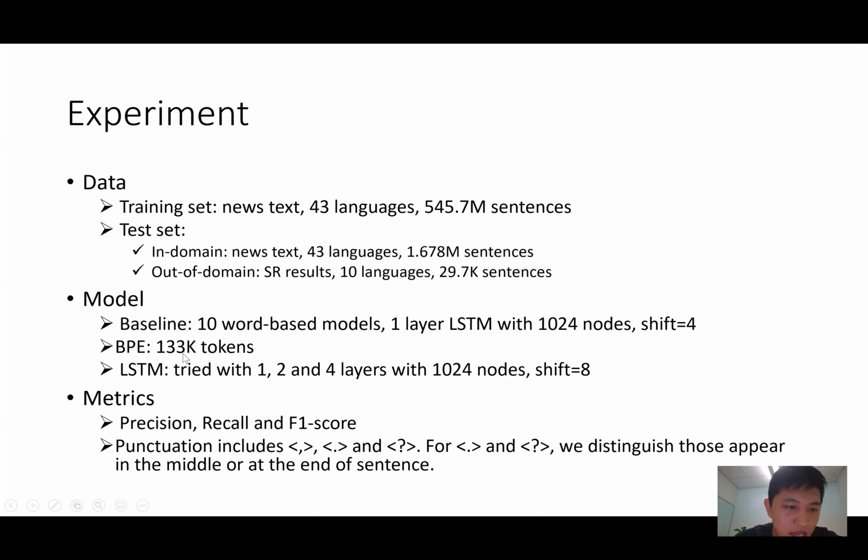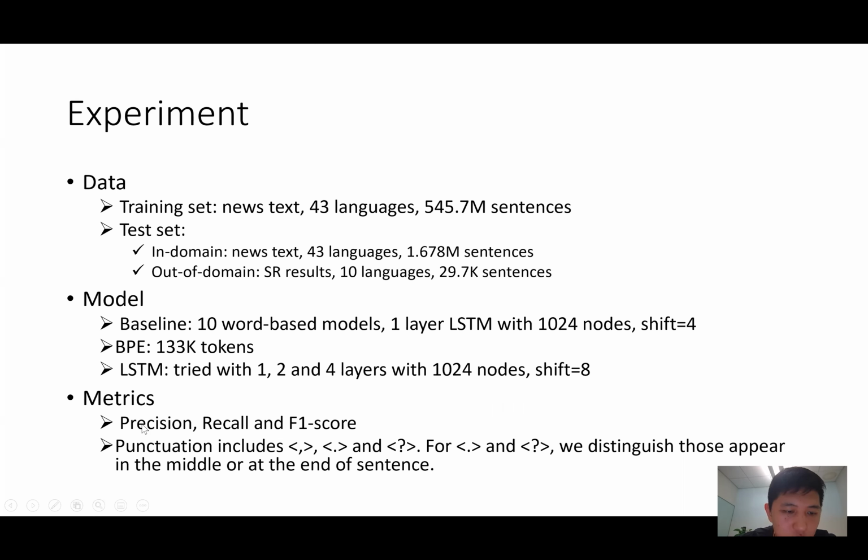Our multilingual model has 133,000 BPE tokens. We tried 1, 2, and 4 layer LSTMs with 1,024 nodes in each layer. The shift is 8, considering that a BPE token is a smaller unit compared to a word.